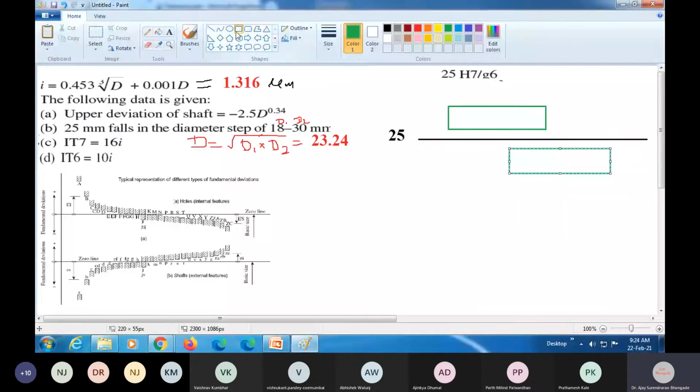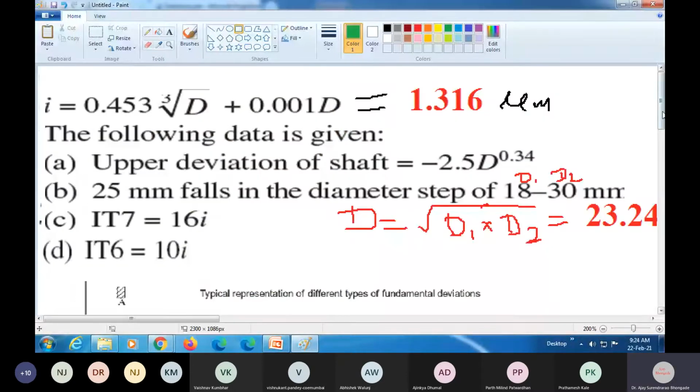Now, when I say what is the value of H7, if I try to work it out here, you may see that H is something like this figure.